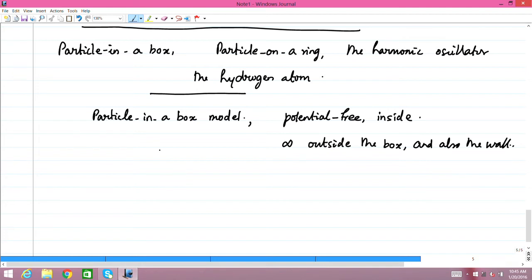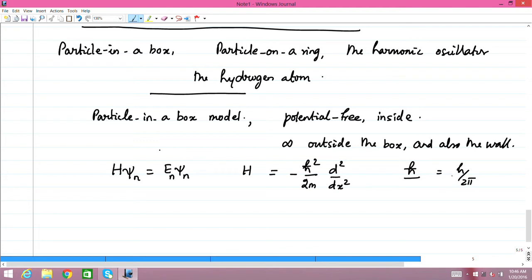So, you study the solutions of the Hamiltonian, H psi is equal to E psi, or H psi n is equal to E n psi n, using the Hamiltonian, which contains only the kinetic energy of the particle, which in quantum mechanics is given in one dimension by minus h bar square by 2m d square by dx square. H bar is obviously h by 2 pi, Planck's constant.